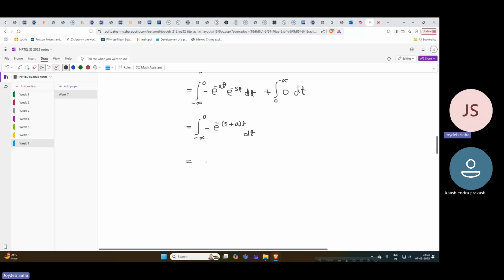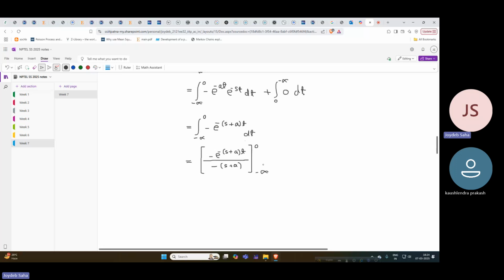This is minus e to the power minus (s plus a)t divided by minus (s plus a), with limits minus infinity to 0.